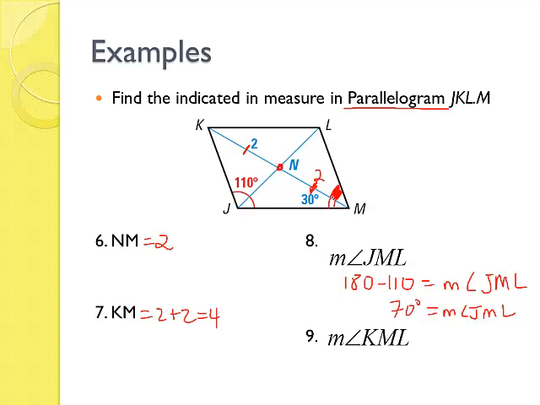Well, we know from number 8 that the entire angle measurement is 70 degrees. We know this part here is 30, so what's the missing part? You have to do 70 minus the 30 that you know equals the measure of angle KML.